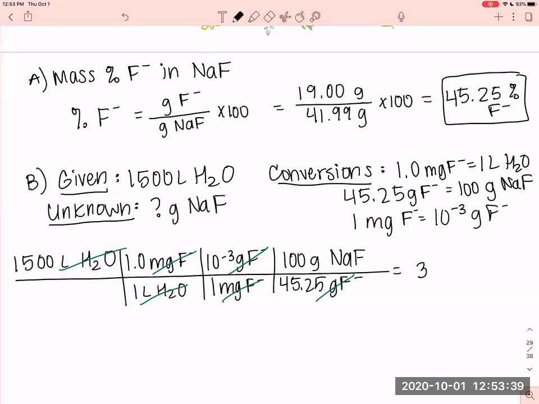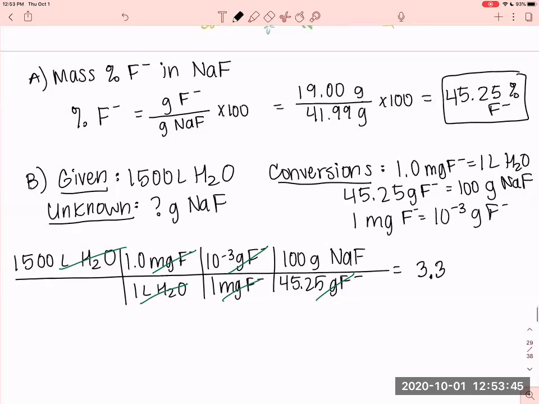Looks like we need only a tiny 3.3 with 2 sig figs, for that 1500 and for that 1.0, grams of sodium fluoride per one whole 1500 liters of water. So it's a very, very small amount of sodium fluoride that they put into our water supply.